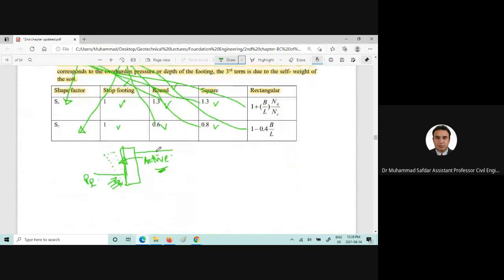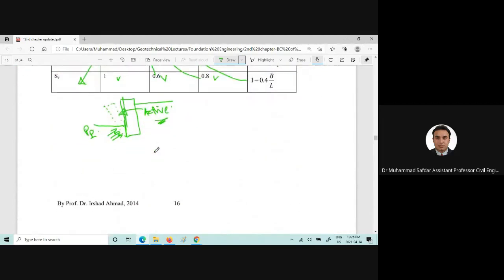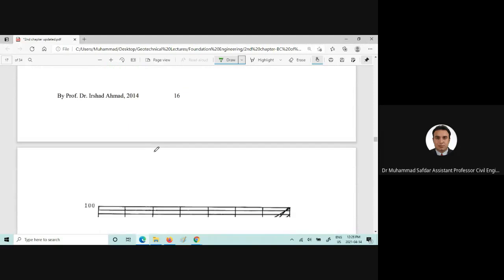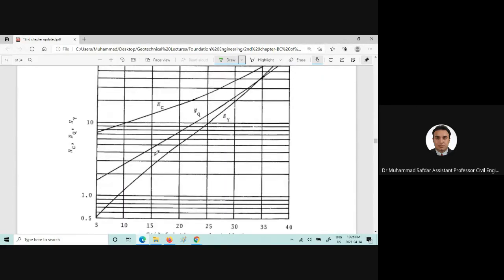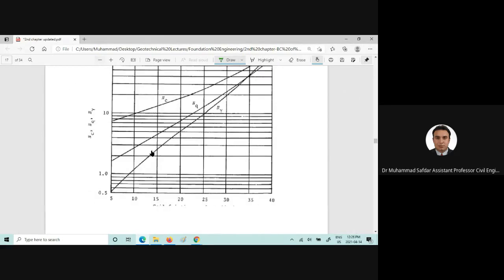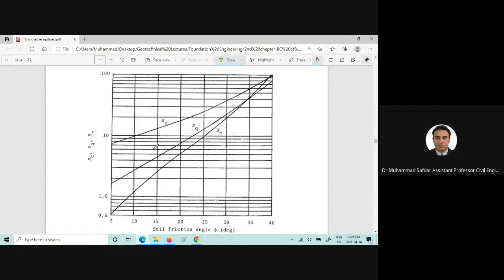Now, for different shapes, the next question that will arise in our mind is how we can find the bearing capacity factors. For example, if we are given the friction angle, usually in exams, assignments and problems, a figure is given, and then you find the bearing capacity factors, for example N_c, N_q, and N gamma.